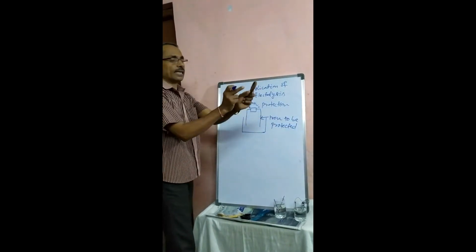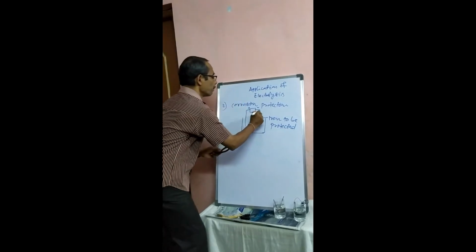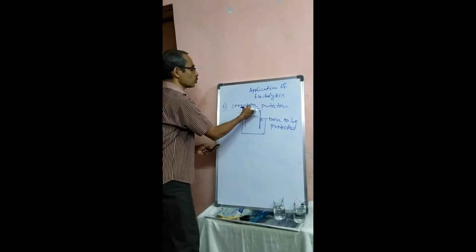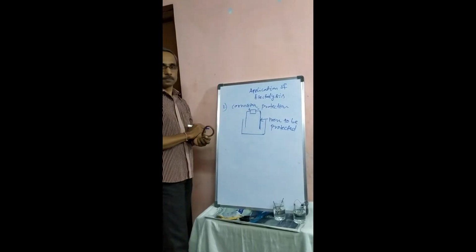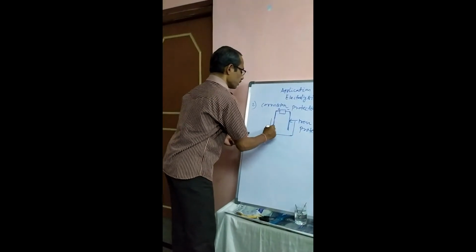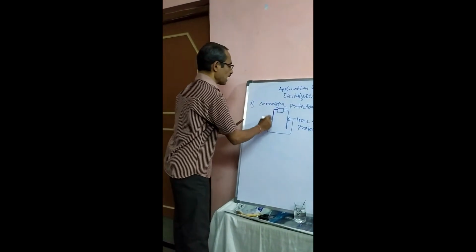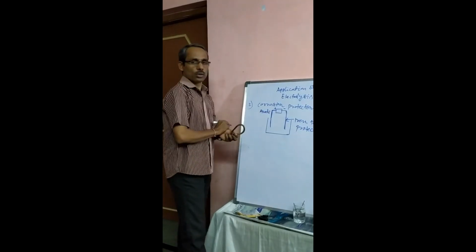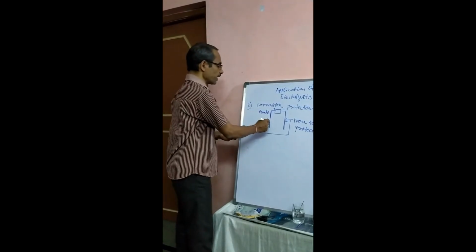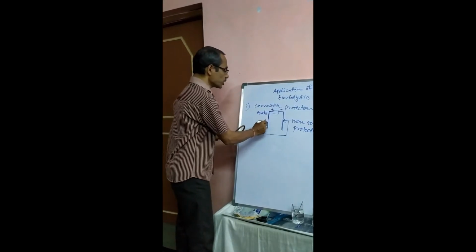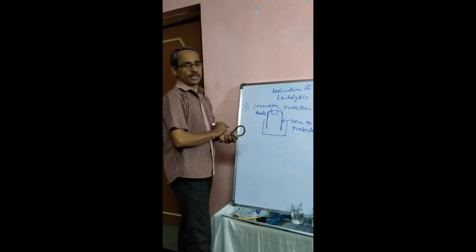Now take this iron as the cathode, the negative plate, and connect it to the negative end of the battery. Got it? Now you can take any other metal as the anode. What is that other metal? Basically the metal which is to be coated over its surface.